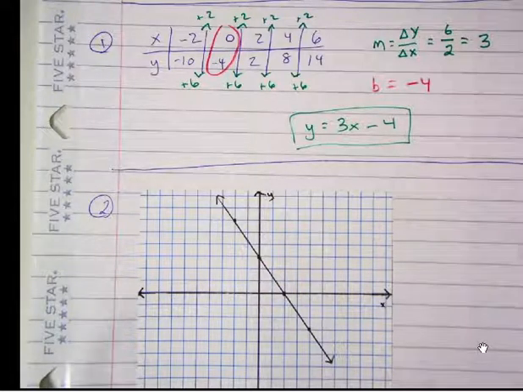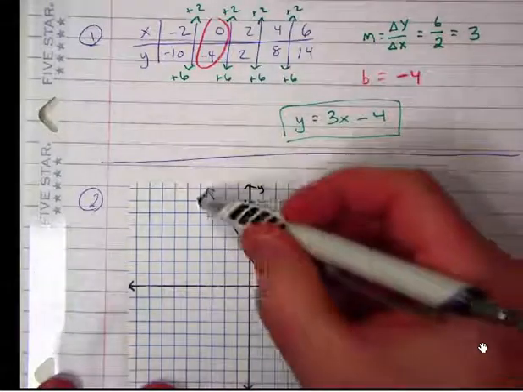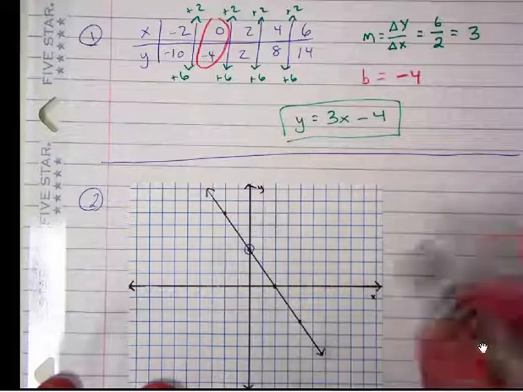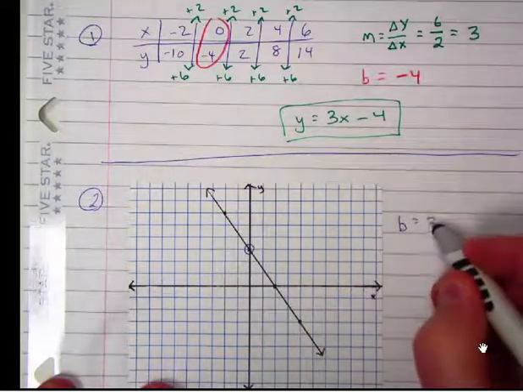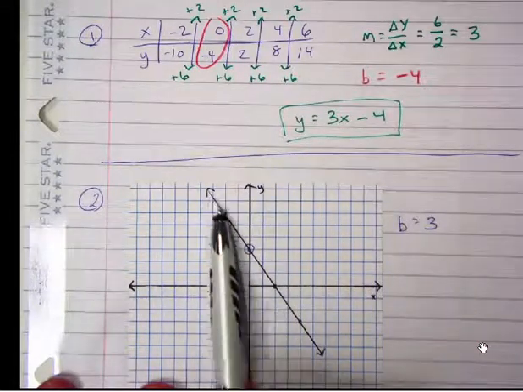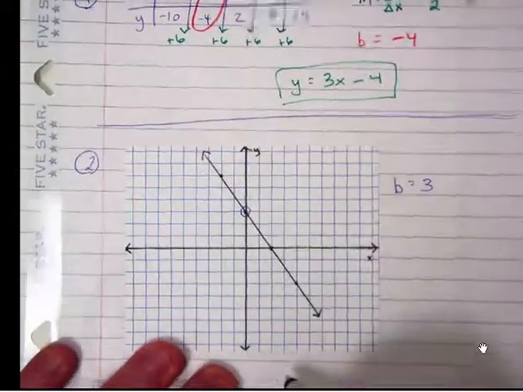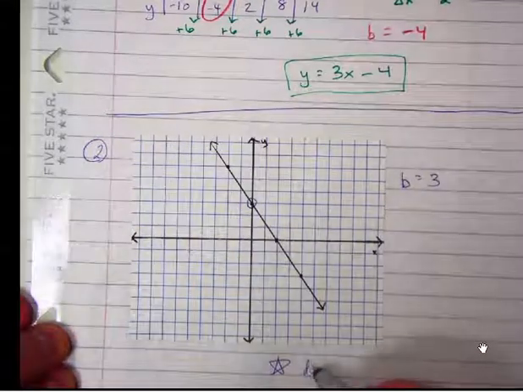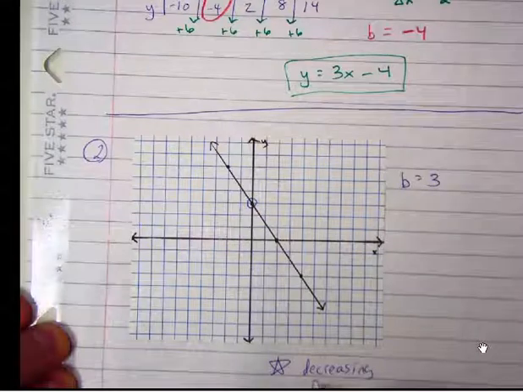The y-intercept is typically the easier thing to find on a graph, so I start by identifying that this line crosses the y-axis right here, which in this case is 1, 2, positive 3. I am going to notice that as I move left to right, this line is decreasing. I'm going to make a little note to myself that this is a decreasing line. Since it is a decreasing line, the slope is going to be negative.